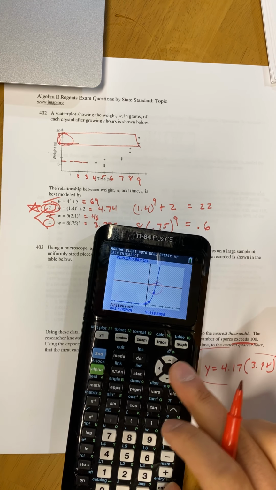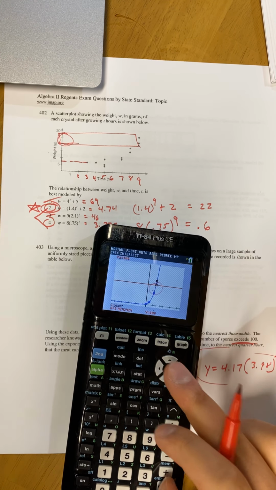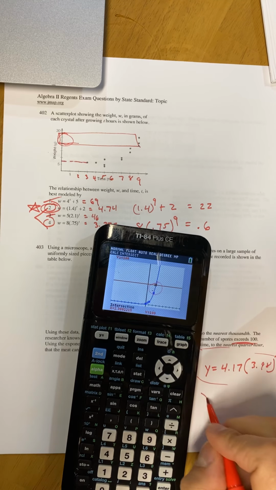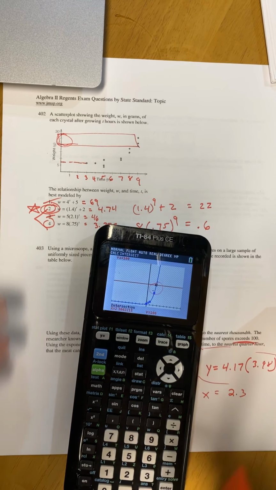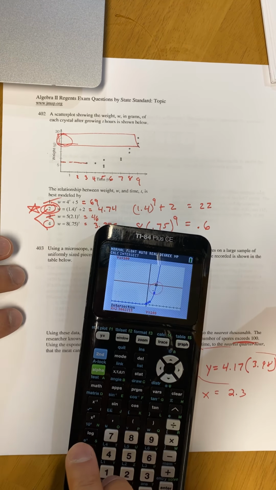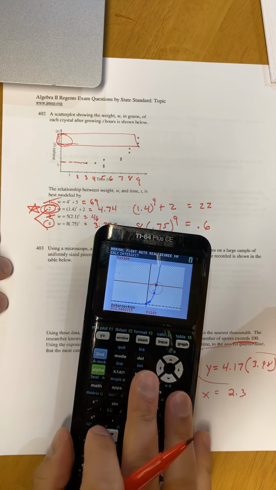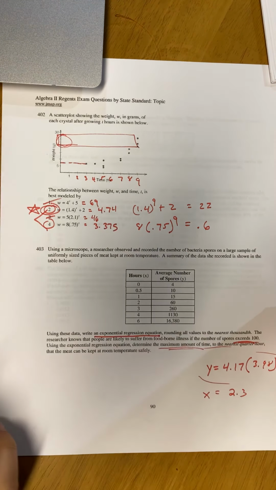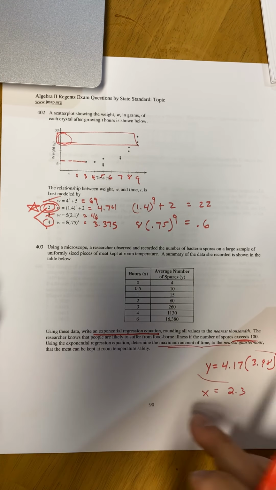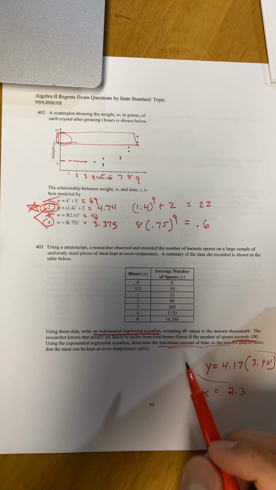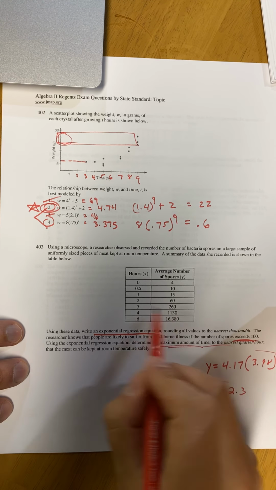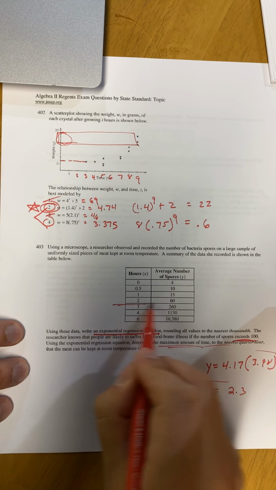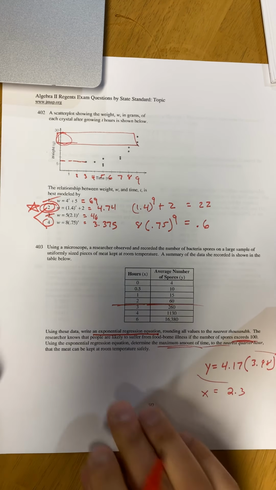Scroll to it, hit enter, hit enter, hit enter. So when x is about 2.3, anything above 2.3 hours that meat is left out, you're going to have bacteria spores over 100, which makes sense because at 3 hours you're at 260, at 2 hours you're at 60, so it's got to be somewhere between there.